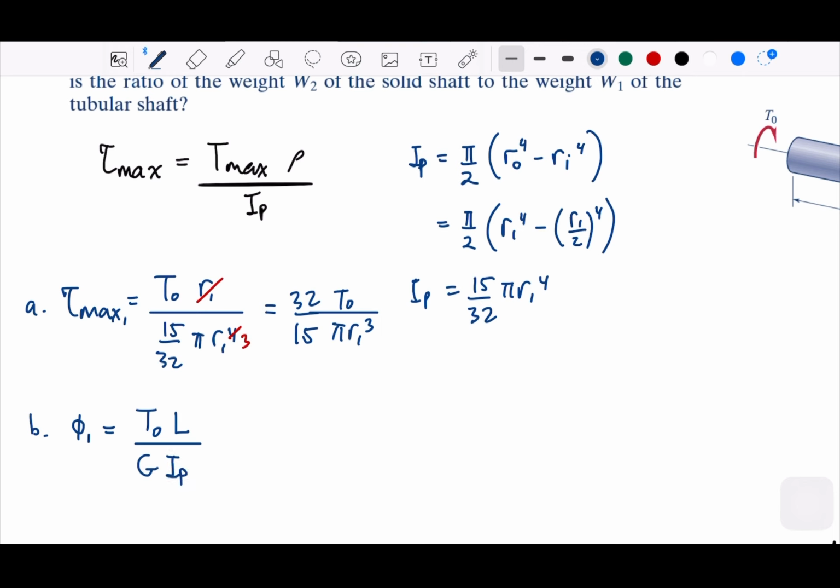Let me write inertia of 1, because we are going to see inertia of the 2, the material 2. The inertia is 15 over 32 pi R1 to the 4, so 32 over 15, and this will be T0 L over pi G R1 power of 4.